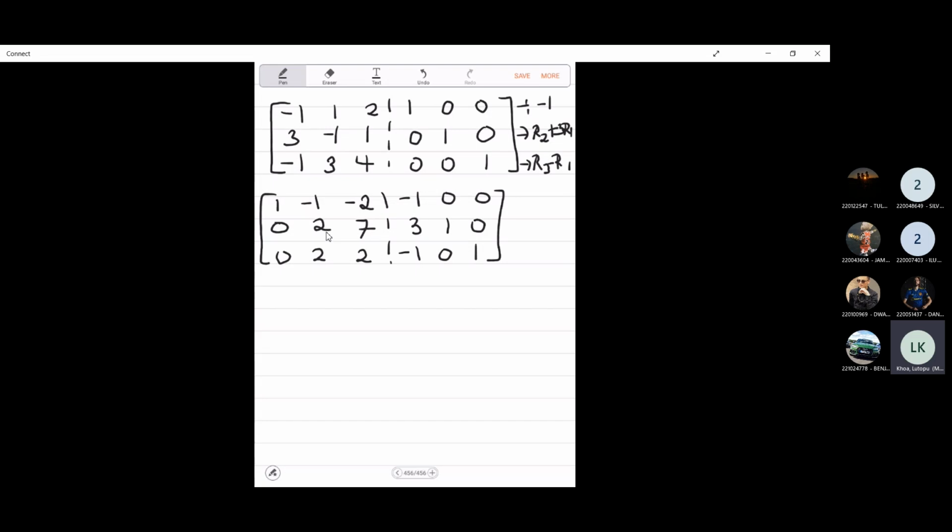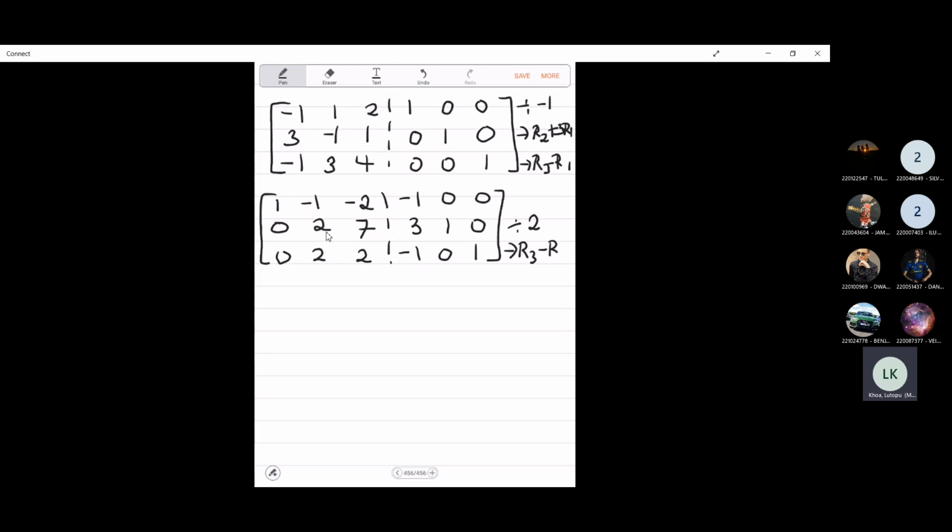So second row, I will divide it by 2. And then the third row, I will say row 3 minus row 2. So the first row is not going to change. So I have 1, minus 1, minus 2.